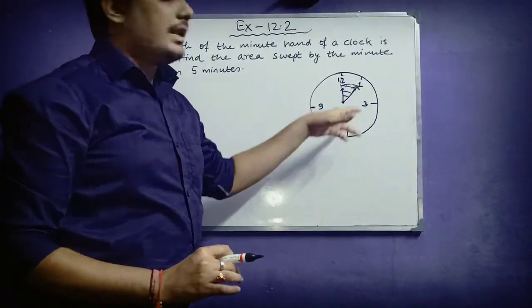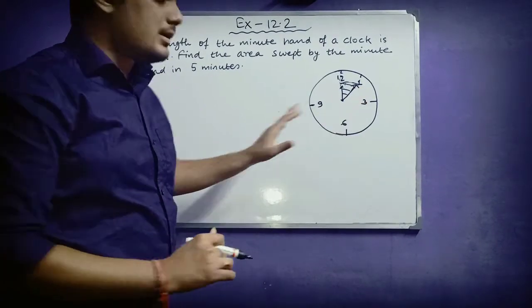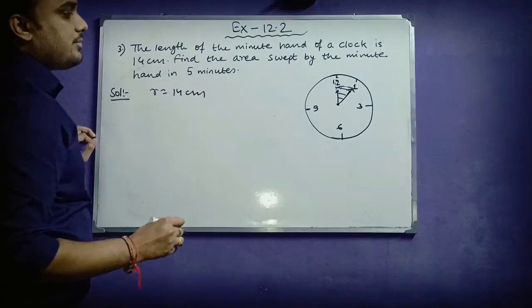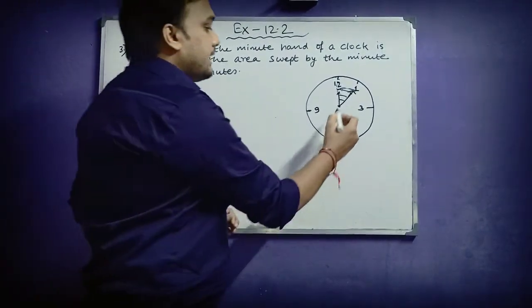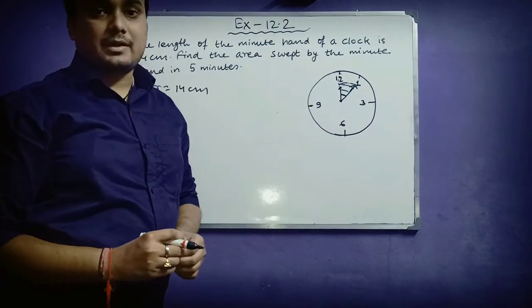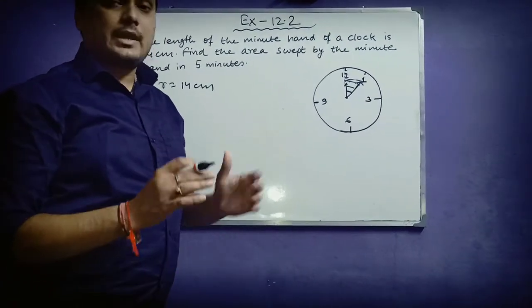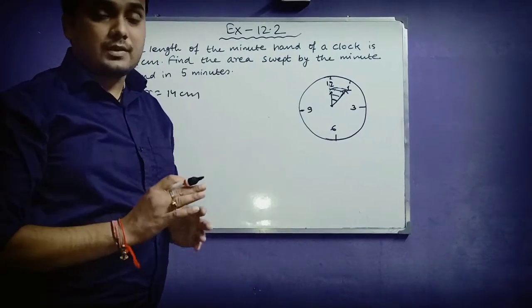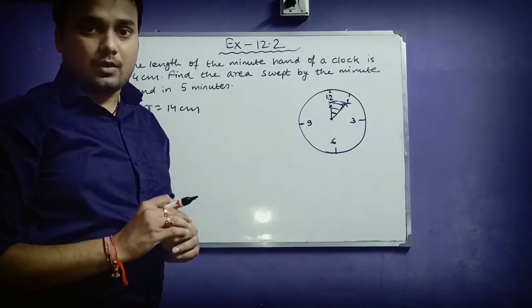So definitely the length of the minute hand will be acting as a radius here. So radius will be equal to 14 centimeter. And we need to find the central angle here. As we discussed in the last video, to find the area swept inside a sector, we need to know the central angle of that sector.